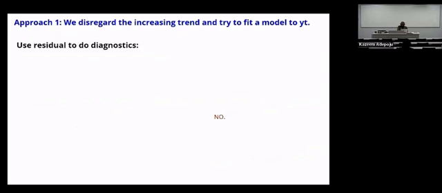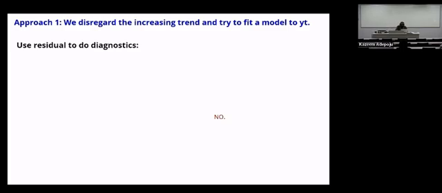This is what we want to do. We now want to investigate whether the autoregressive model that I've used will actually do the job by conducting residual analysis, right? That's what we do. We want to do a diagnostic study, where we basically want to use the residuals.